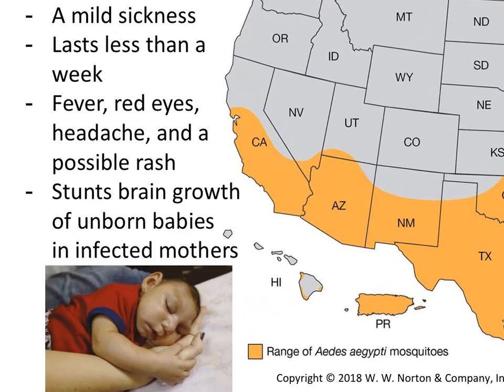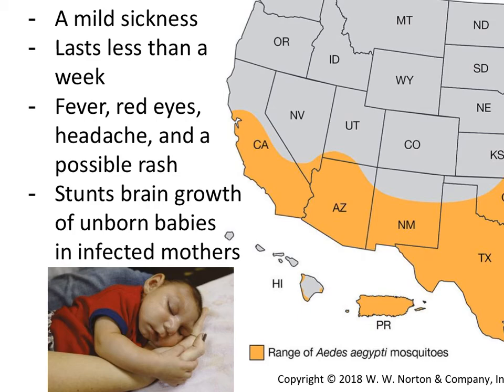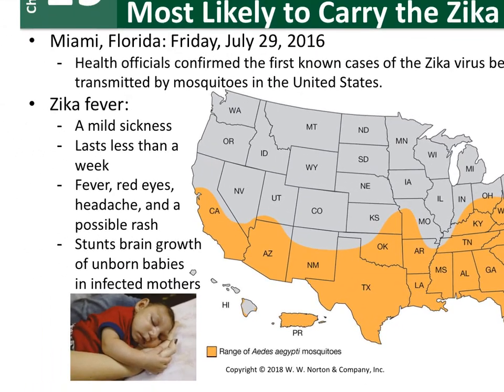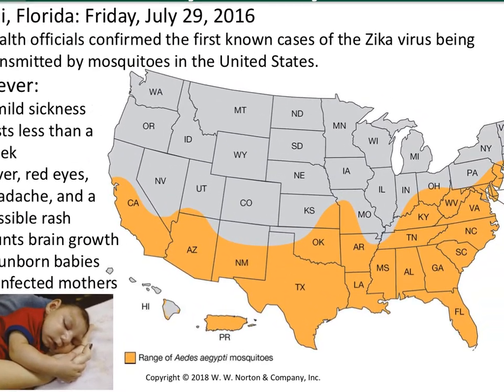So this is in fact a Zika baby, and most of them die. So you can see the range of Aedes aegypti is the southern United States from California all the way across, depending also on time of year.